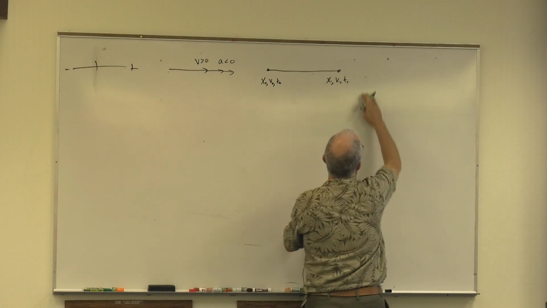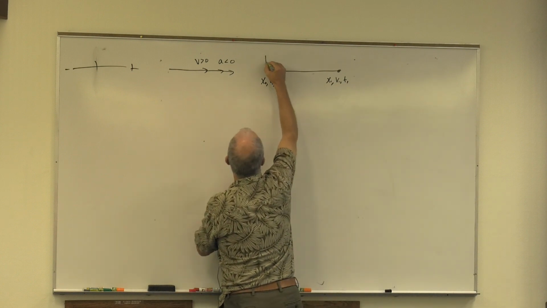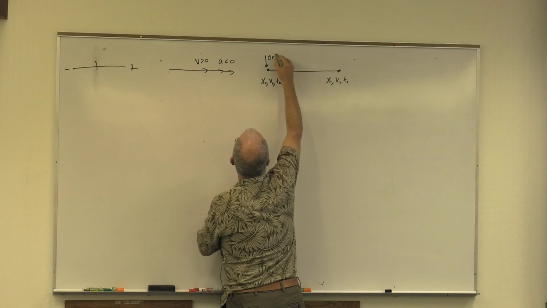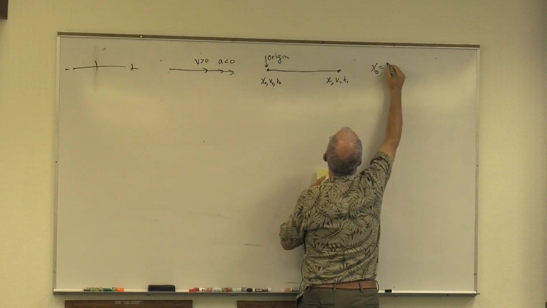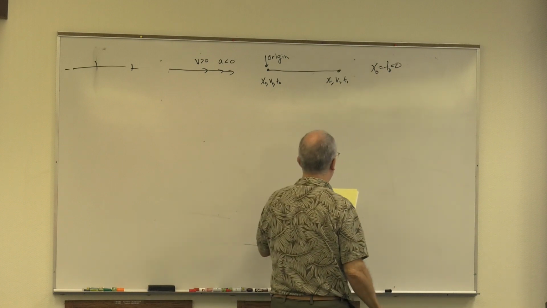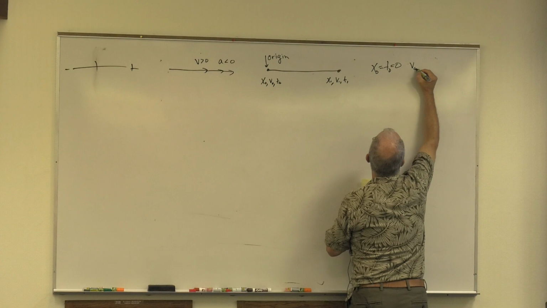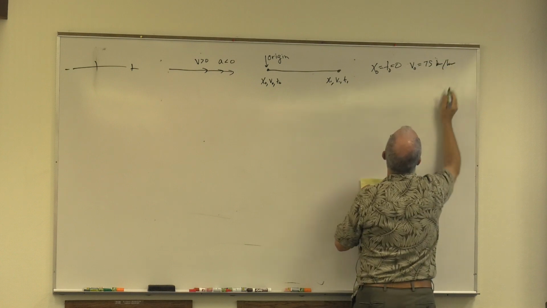Let's start being a little bit lazy. We'll call this the origin, so we'll say x0 equals t0 equals 0. We can do that, there's nothing wrong with that. And v0 is 75 kilometers per hour.